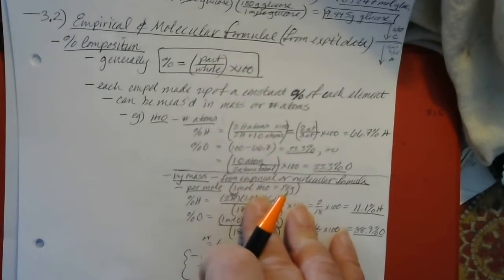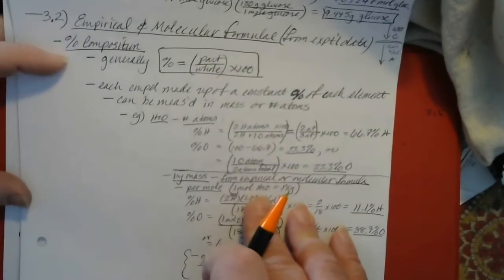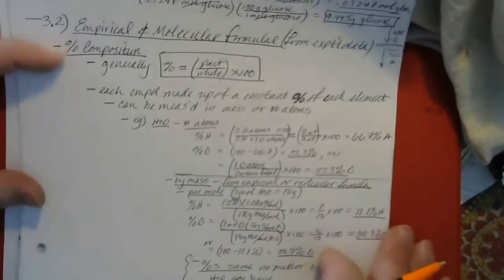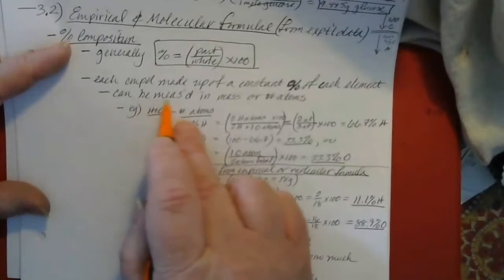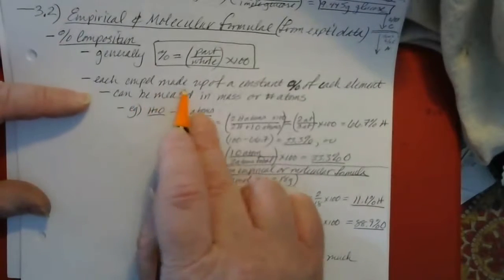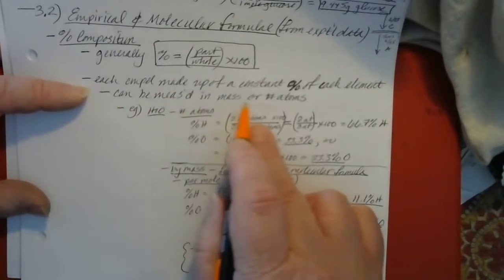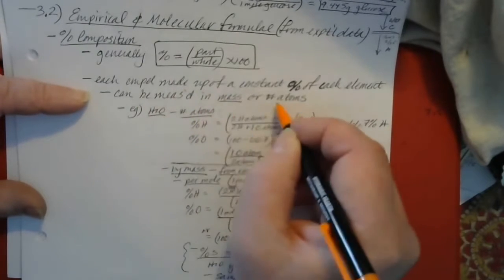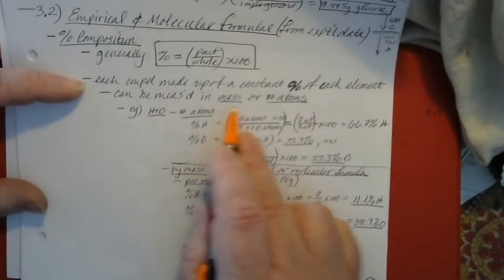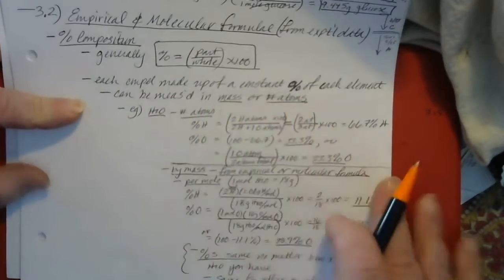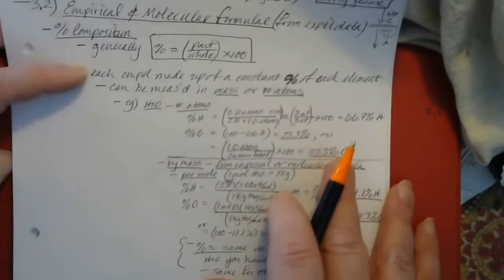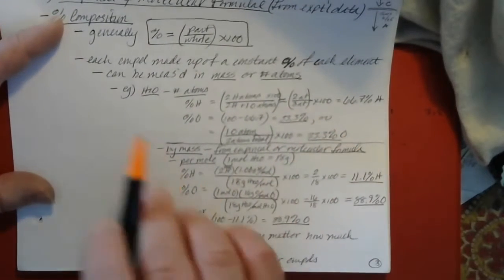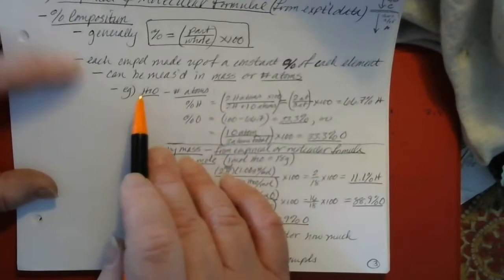The percentages will still be the same because each molecule is made up of the same proportions of the same elements. And we could actually measure these proportions in units of, say, mass or number of atoms. Mass is the more common and more important way to do it. So I'll just give a quick example of doing it by number of atoms first and get that out of the way so we can move on to the more important stuff.